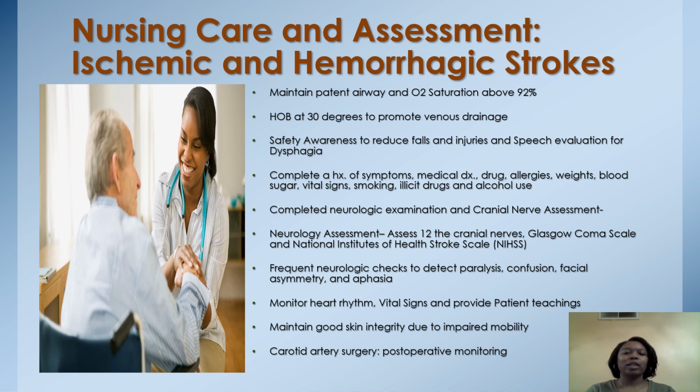Safety awareness is a concern for these patients as they have paralysis. Often they have a neglect of one side of their body and also sometimes just a weakness or impulsivity. Therefore, falls and injuries are a primary concern for these patients.